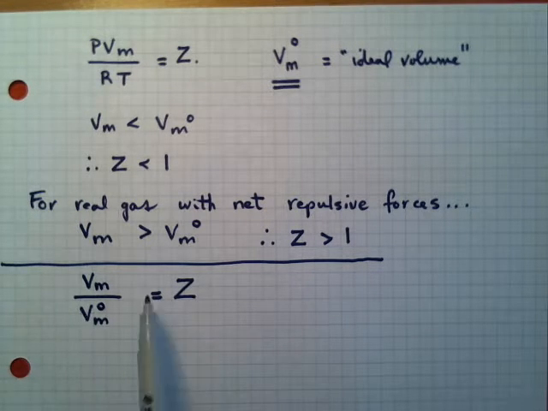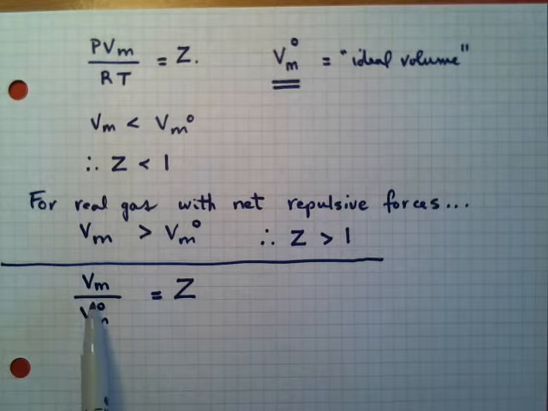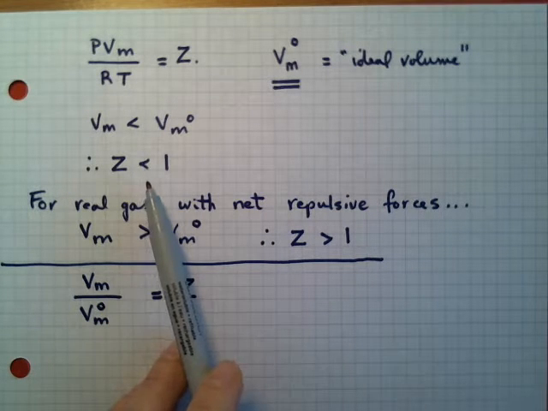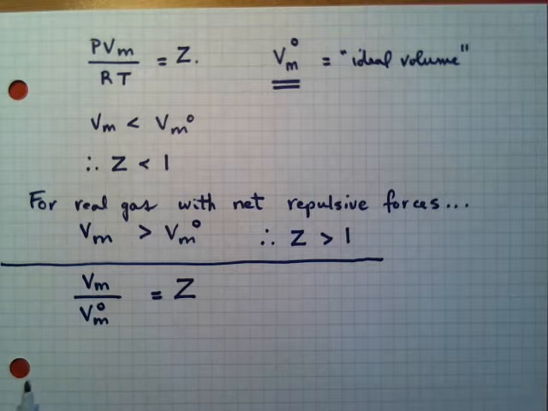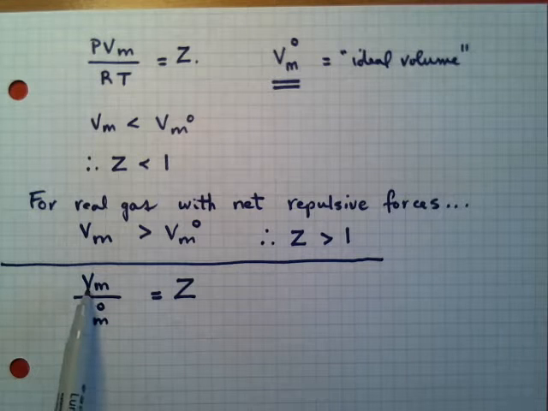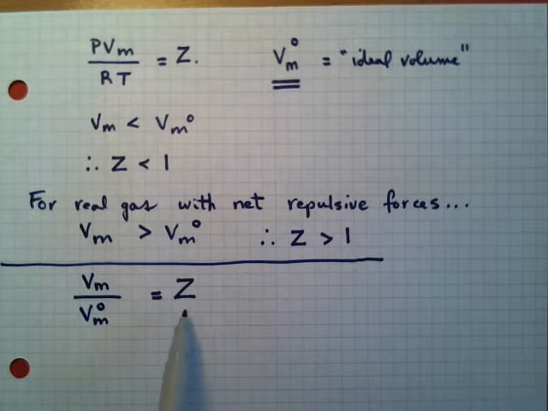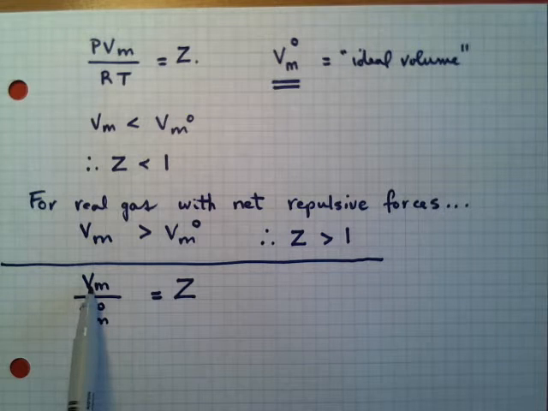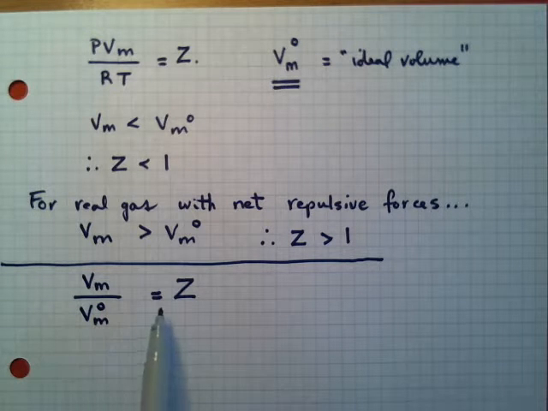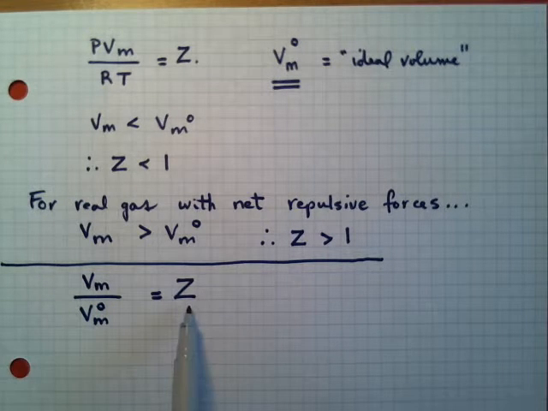And so let's make sure that this way around makes sense with what we've just stated here. For a gas with net attractive forces, the observed molar volume is slightly less than predicted. That's going to make this slightly less than 1. Got it. And for repulsive forces, this would be slightly bigger than this, which would make this slightly larger than 1.